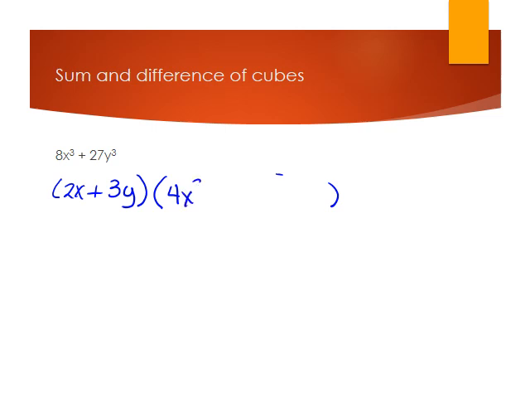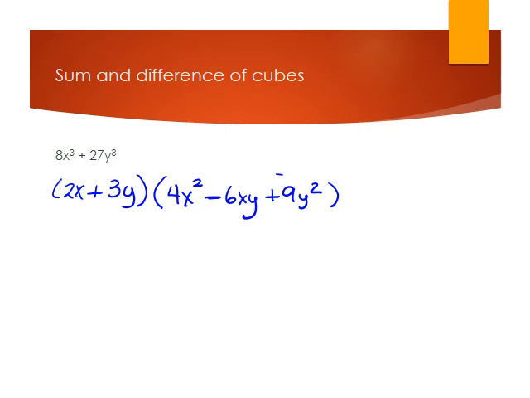Remember, we're squaring the whole thing, so it's 4x squared. The opposite sign is minus. Multiply these, so I get 6xy, and square that, plus 9y squared. So here is my final factorization. And again, these can't be factored any further.